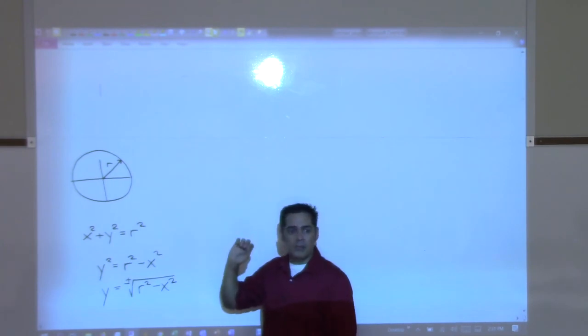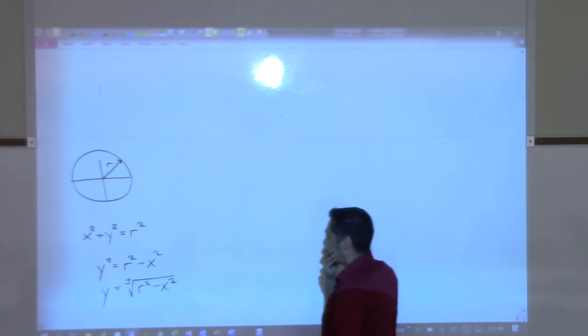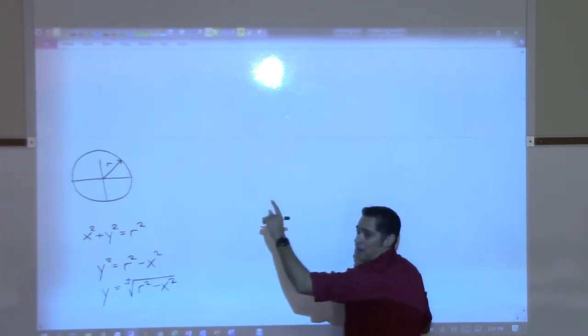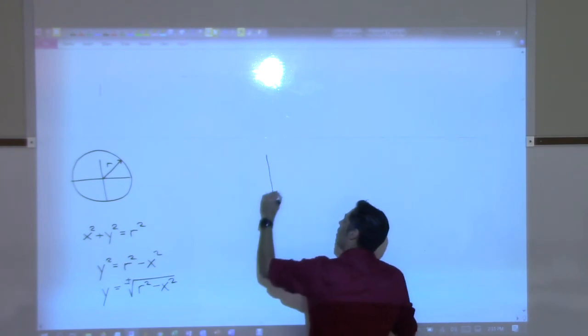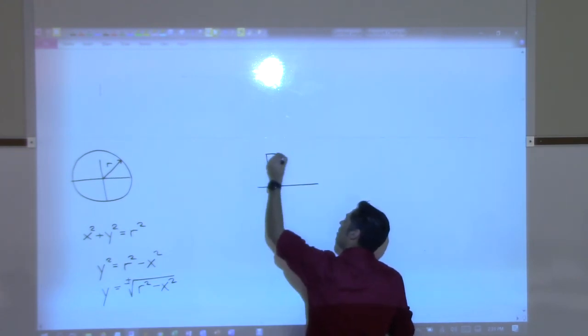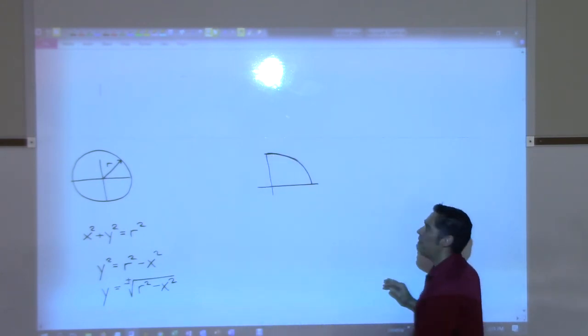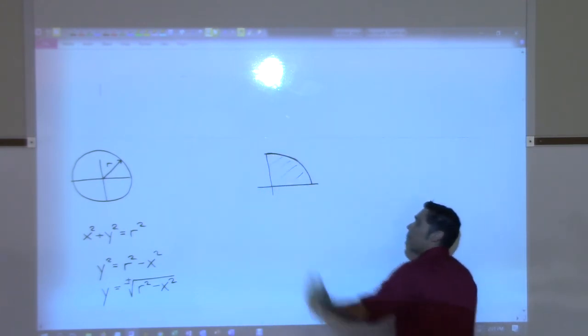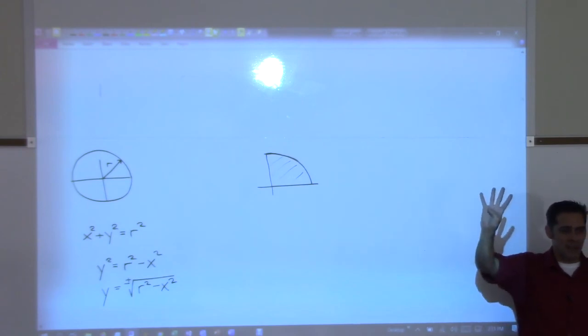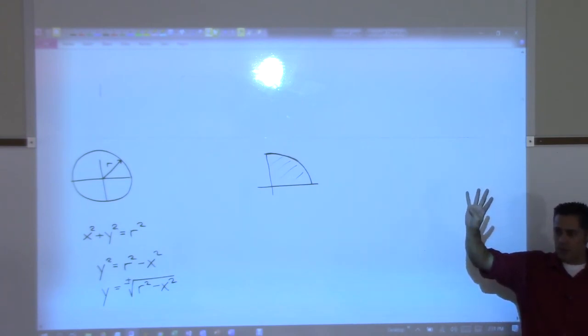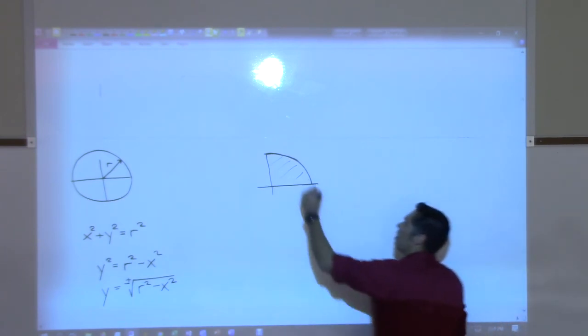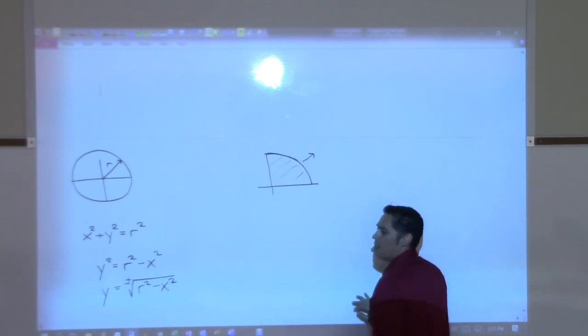All right? So here, check this out. Here's how I'm going to find the area of this circle. I am just going to look at the first quadrant right there, and I'm going to find the area of this. Whatever that answer is, I'm going to multiply it times 4. Agreed? Okay, can you tell me what this function is?